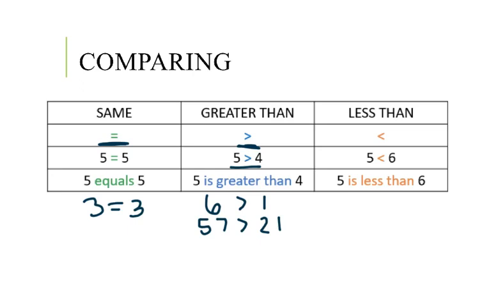Okay? The next one is less than. That's what the symbol would look like. And the way we would say it is 5 is less than 6. We could also say 4 is less than 5. Do you see how I just changed the order of this from 5 is greater than 4 to 4 is less than 5?